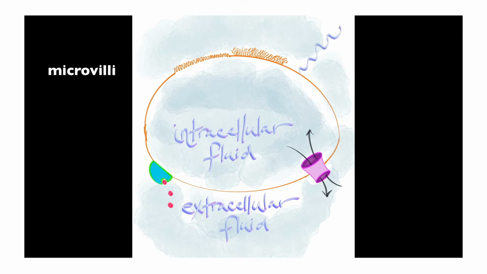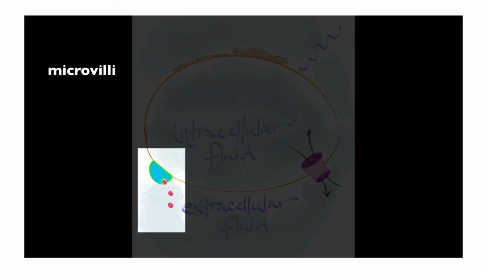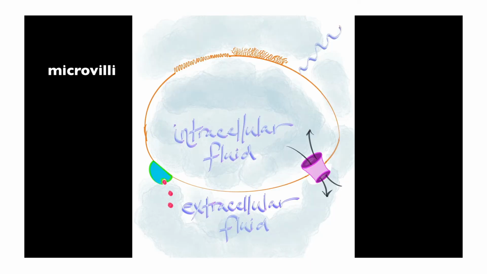Cells also have receptors like we see on the bottom left over here. And hormones will bind to these receptors, neurotransmitters will bind to these receptors, other types of signaling molecules like paracrines and autocrines will bind to these receptors. And the binding of signaling molecules to these receptors is going to elicit some sort of cellular response. A lot of these receptors and channels are going to be embedded within the microvilli of the cell because that's where the increased surface area is.